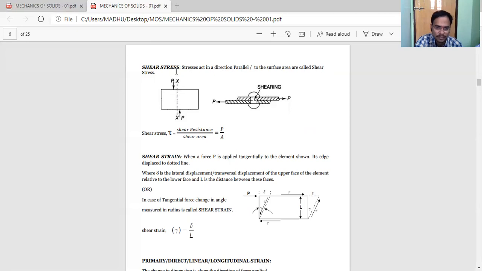Instead of acting along this axis, there is an eccentric P here, one P here, another P here. Because of these two, it will experience a crushing or shearing. We call it shearing. The shearing force it experiences, and the stresses induced because of this, are shear stress.